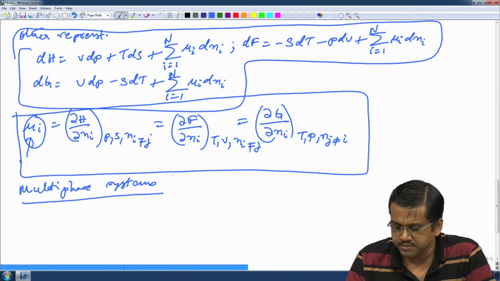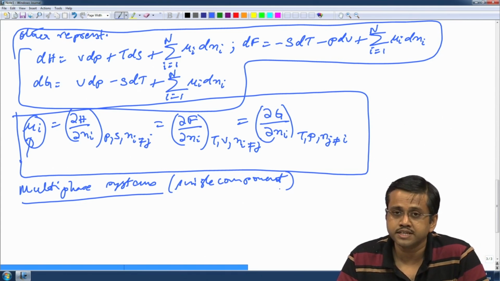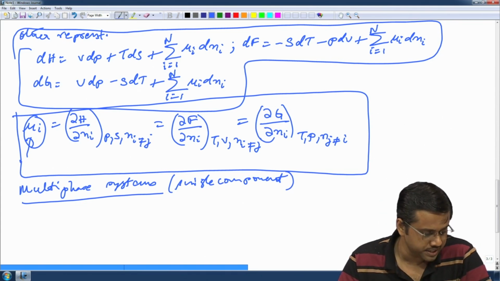In a multi-phase system, say it has a single component for simplicity. A multi-phase system, as I told you in the first lecture, can be of multi-component nature as well.